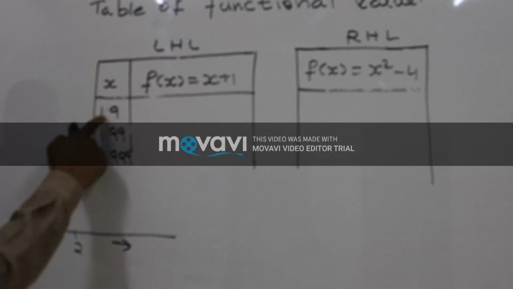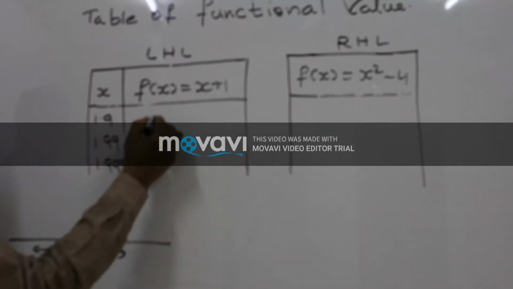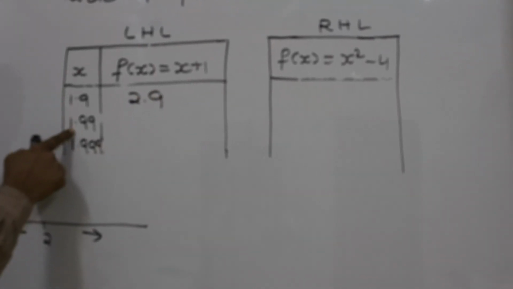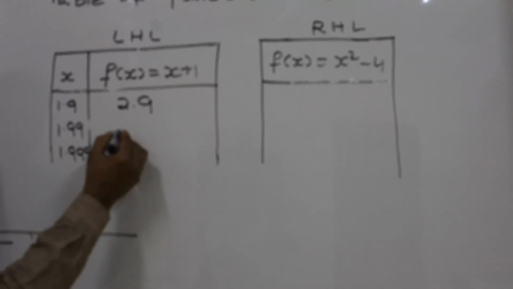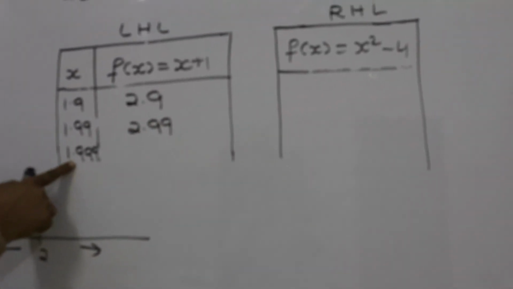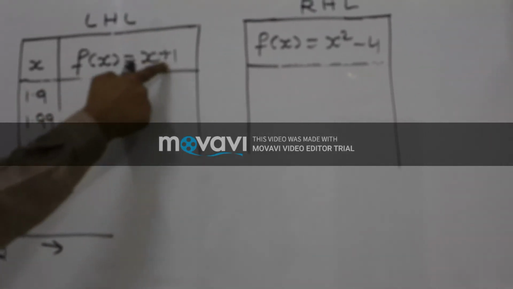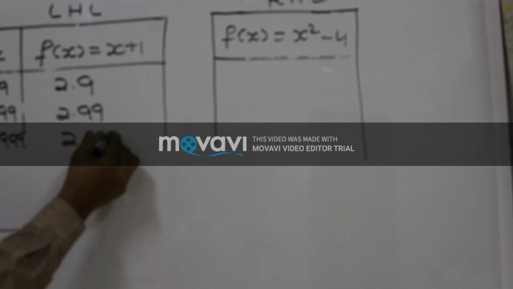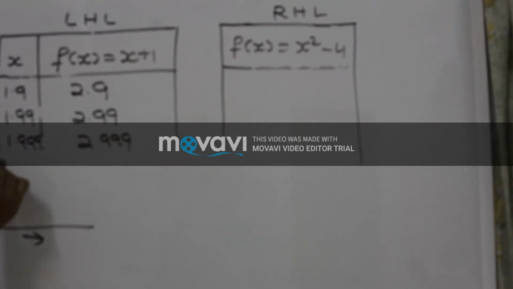If you put these values in the function, you will get 2.9, 2.99, and 2.999. So we can conclude this table for LHL.